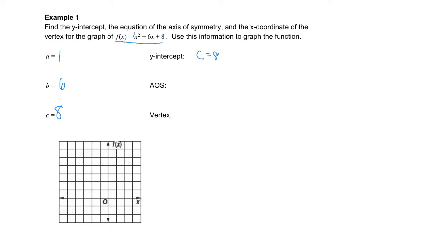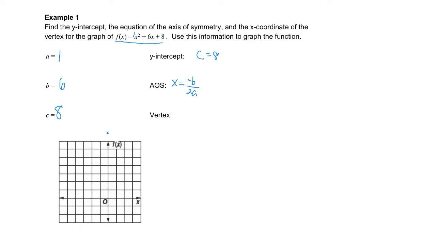So if we come down to our graph and we go to 1, 2, 3, 4, 5, 6, 7, oh, it's above the graph. We're going to put a little dot right there. That's our y-intercept. Axis of symmetry, x equals. I'm going to give you a hint here. Always put the negative with the b on the top of negative b over 2a, so you don't forget it.